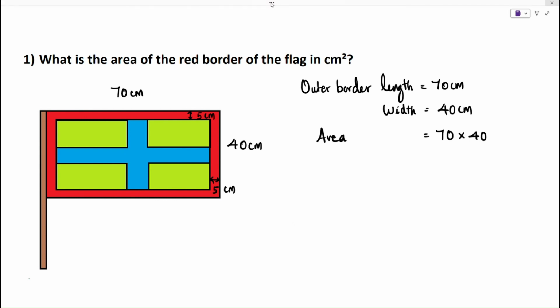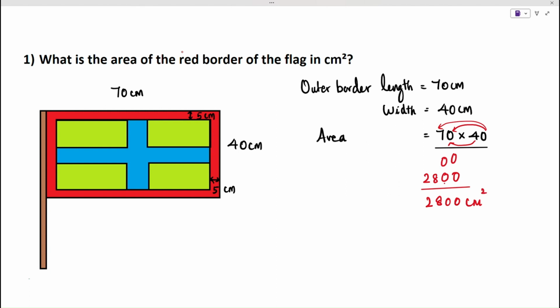If we multiply these two together, we have 0 times 0, which is 0. 0 times 7, which is also 0. Then, because we start off within the tens column, we add a 0. And now 4 times 0 is 0, and 4 times 7 is 28. When we add our values together, we get 2,800 centimeters squared as the area of the flag as a whole.